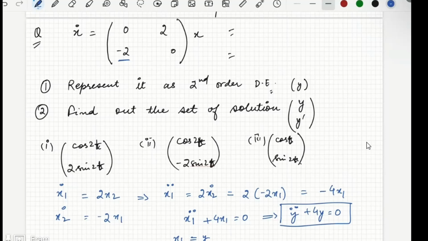We have a second order ODE, y double dot plus 4y equals 0. This is nothing but the model of an oscillator, and we know the oscillator has solutions as sinusoids.